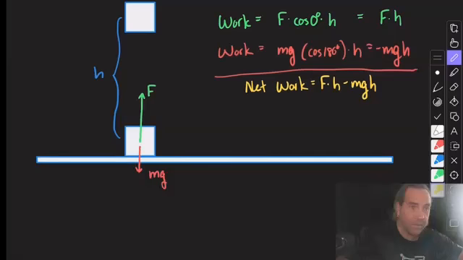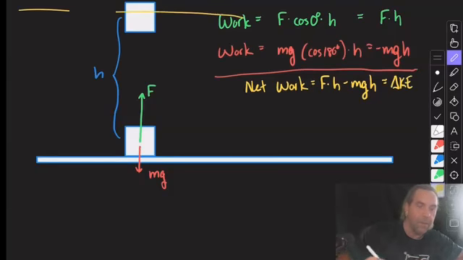Now, there's several possible implications here. The most likely is I push up harder than the box actually needs, and the box has a change in kinetic energy, meaning it makes it to this level, but it now has velocity because I pushed up with more force than was necessary. So it doesn't stop here. It continues to go up because the box now has kinetic energy at this point.